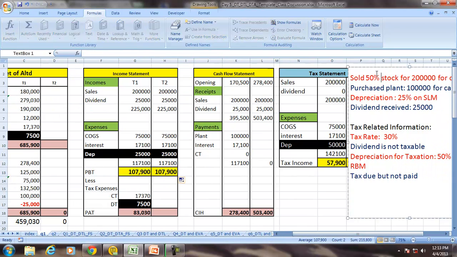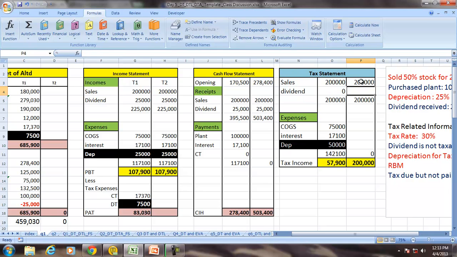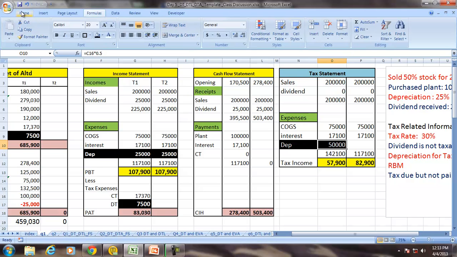But what about the tax sheet? The tax sheet will show the sales to be 200,000, dividend to be 0, COGS is the same, and interest is the same, but depreciation is 25,000 because depreciation is charged on the reducing balance method.